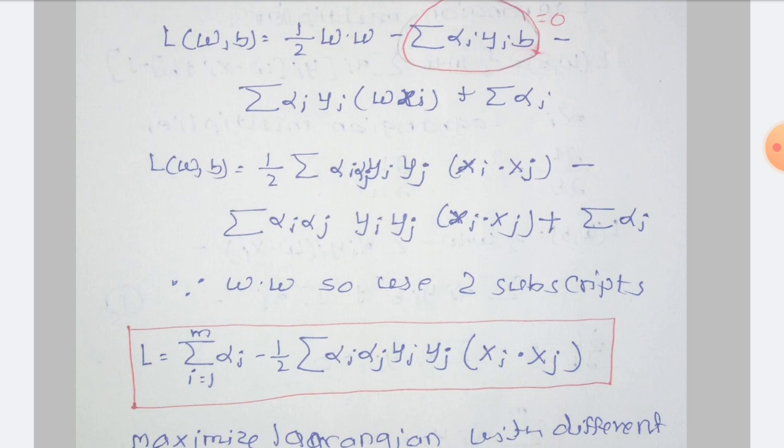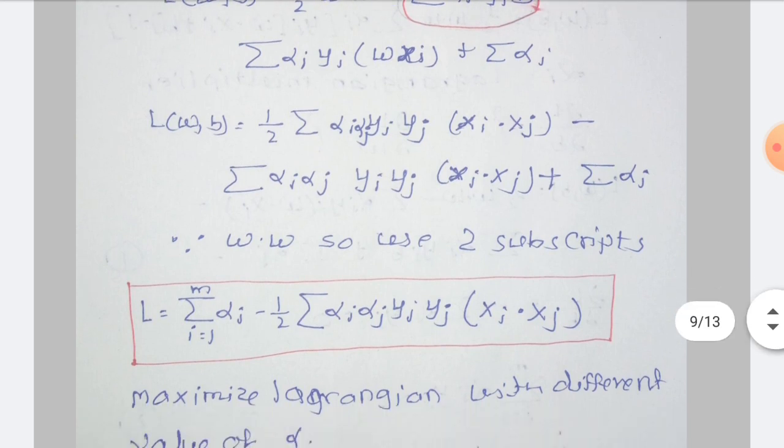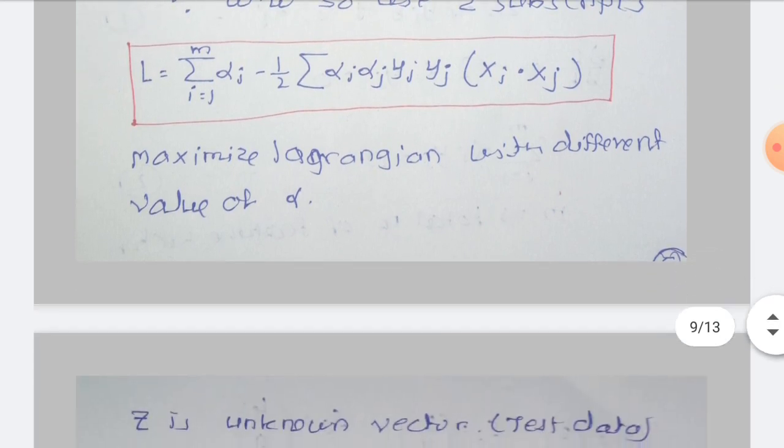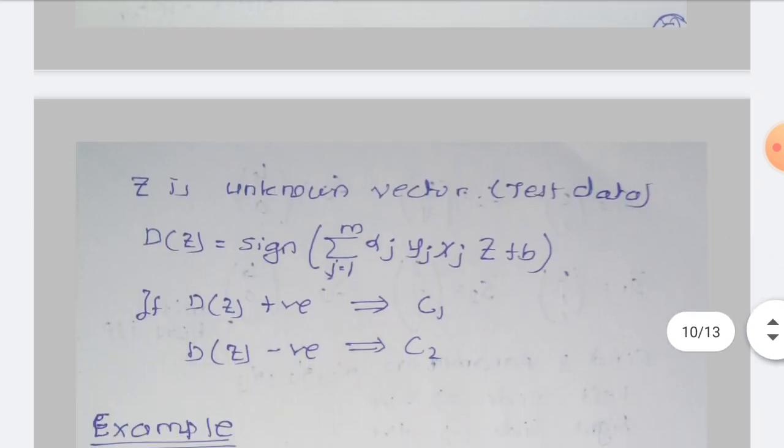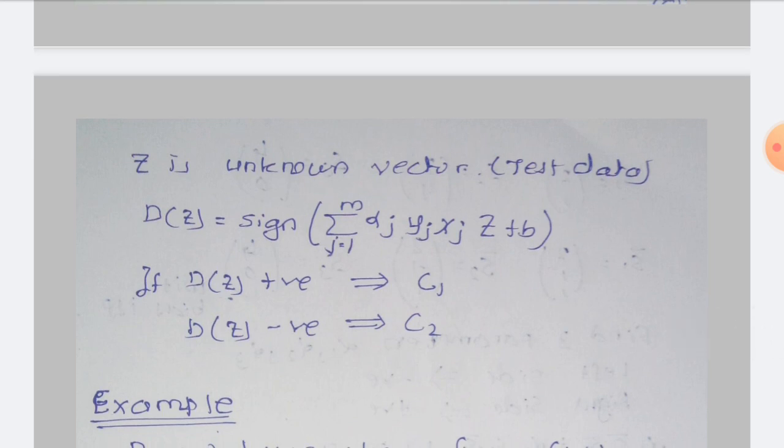We have to maximize this Lagrangian with different values of alpha. Now these Lagrange multipliers are always positive. Now consider z is an unknown vector. So d(z) is equal to the sign of summation from j equal to 1 to m of alpha j yj xj dot z plus b.